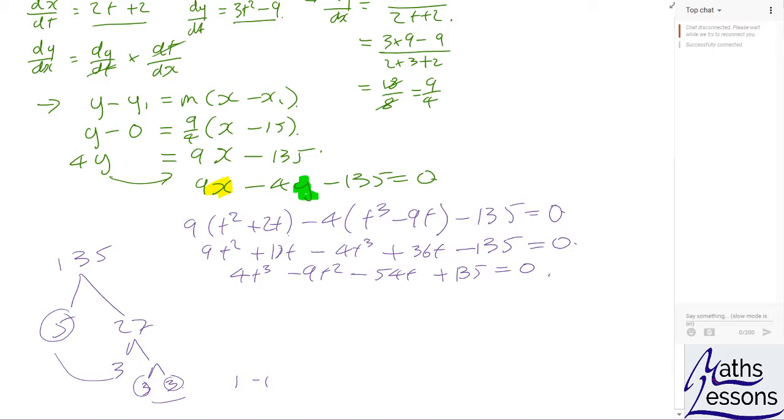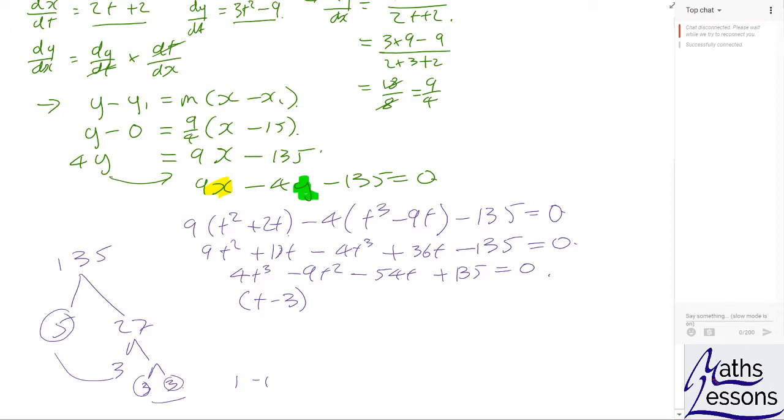We're going to get 4 times 27 minus 9 times 9, minus 54 times 3, and that's going to give me 0. So that works. So therefore t minus 3 must be a factor.